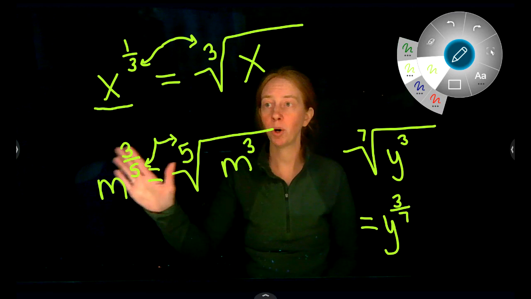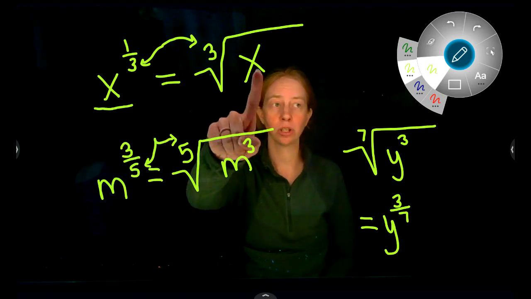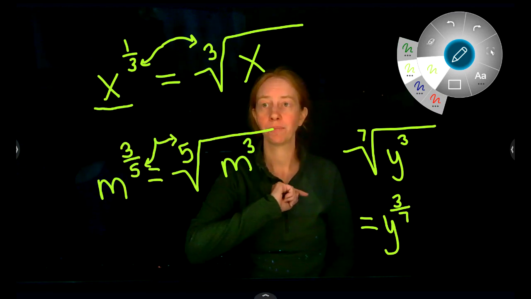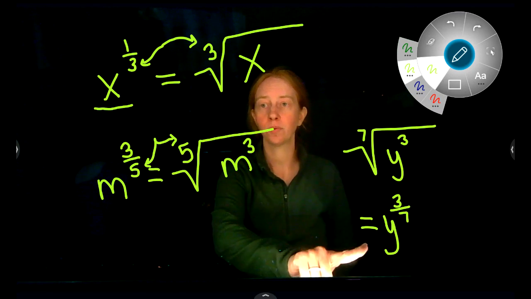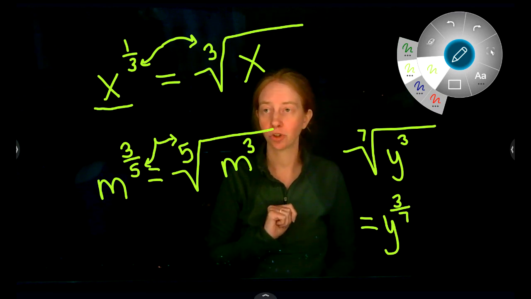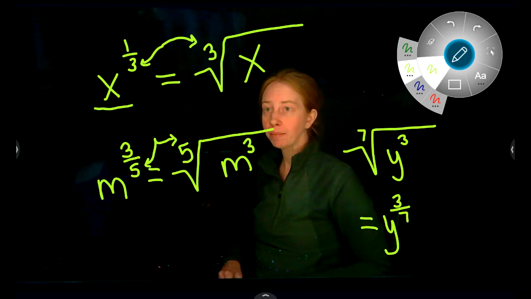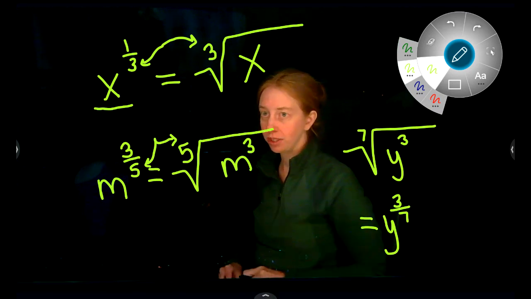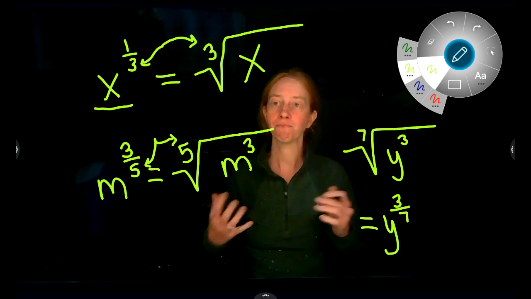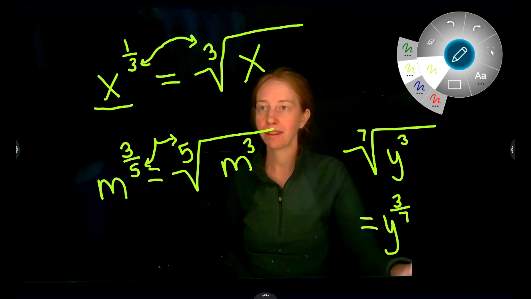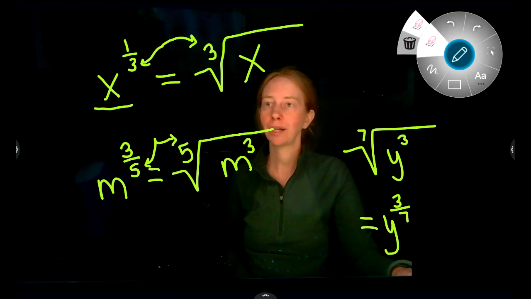So I can go both ways. I can change it from exponential to radical form, and I can change it from radical form to exponential form. The problems that you're going to have that deal with that are those first few, just to get you practicing with that. So I'm going to erase this board.